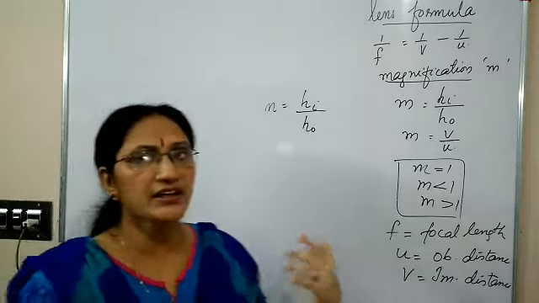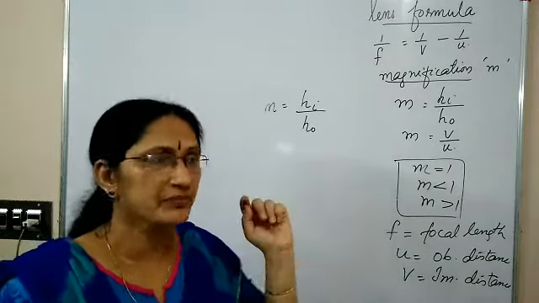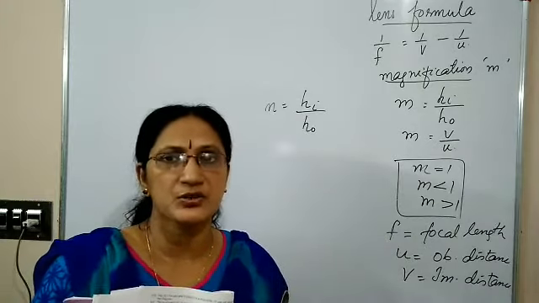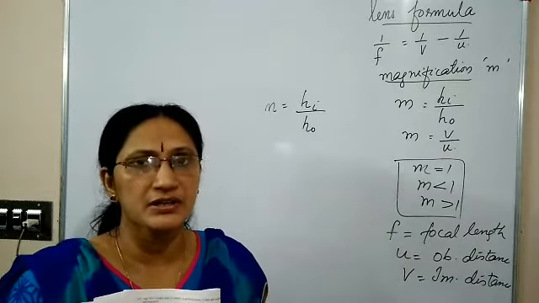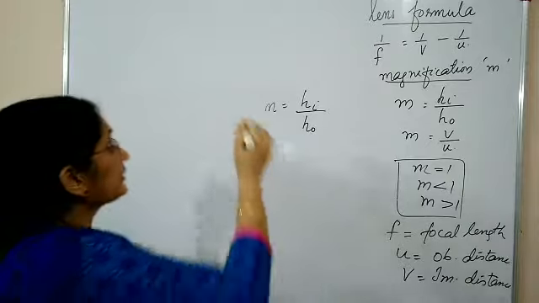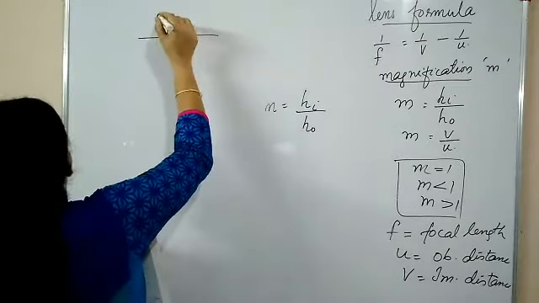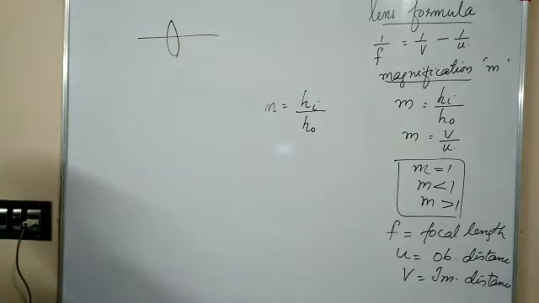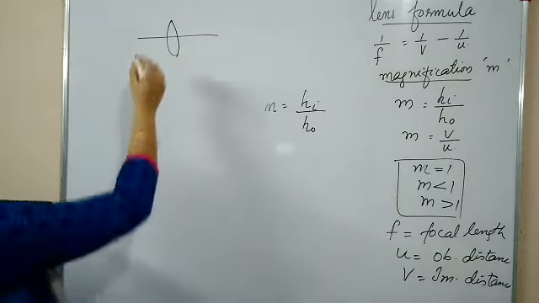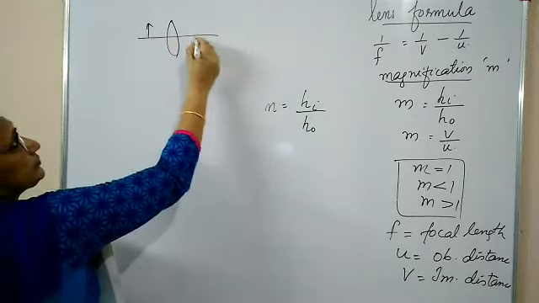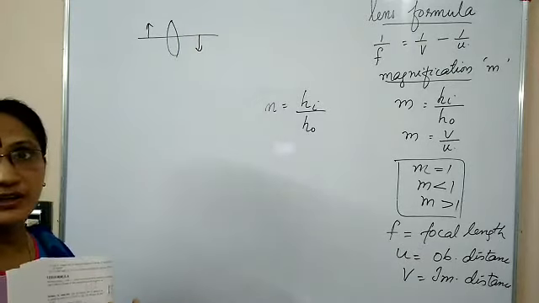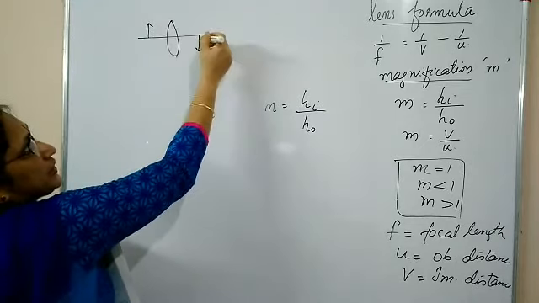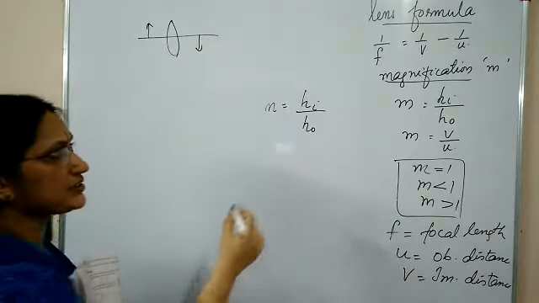Then consider a real image. Remember the diagram of a real image made by a convex lens. Only a convex lens can make a real image. In the case of a real image, this is how the image forms. Here the height of the object is positive, the height of the image is negative.